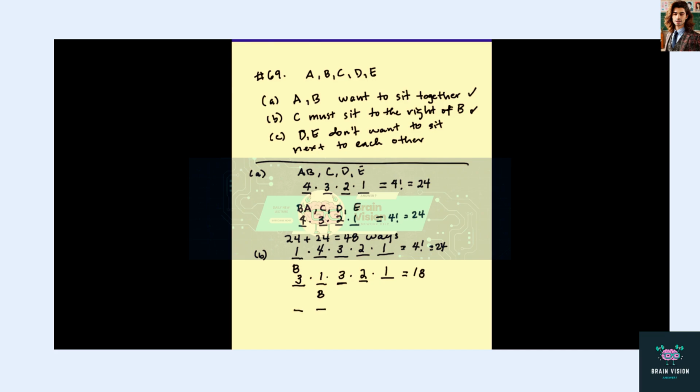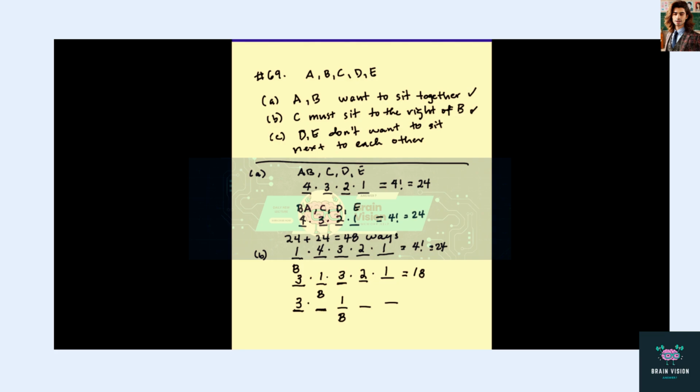What if we put B in the third seat? So one possibility for the third seat. For that first seat, B cannot sit there, C cannot sit there because it is to the left of B. So there will only be 3 possibilities, A, D, and E.